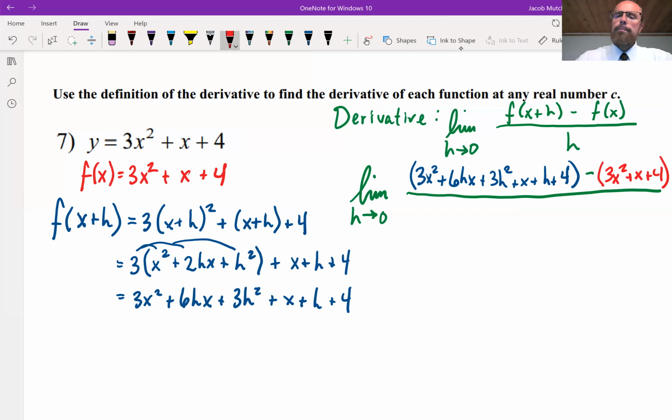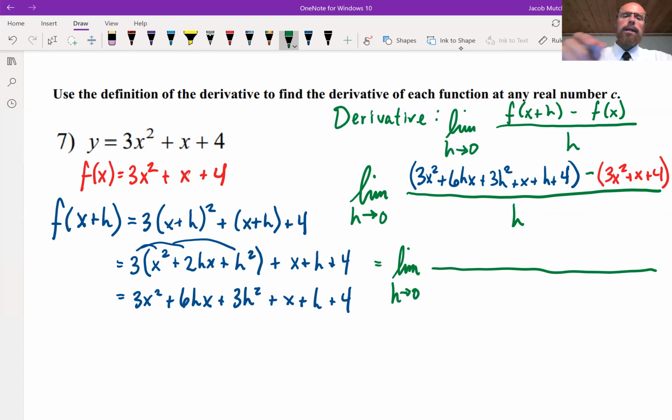And then what I want to place that over is, again, simply h. So for my next limit expression, it's limit as h approaches 0. Again, I'm looking for cancellations. So the first group is distributed through, so we're good. Second group, I need to distribute this negative, which is going to make all the signs negative. That's an x.